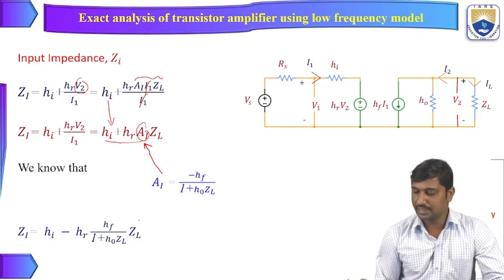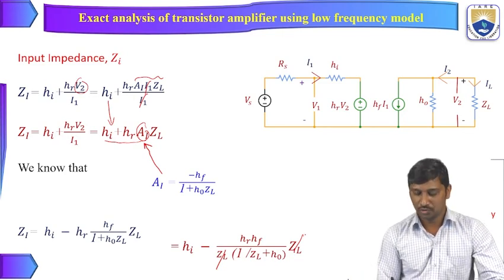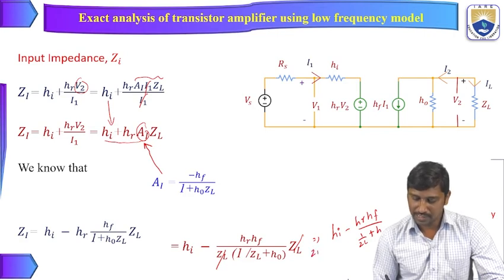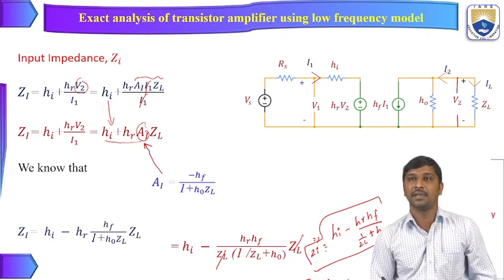Again, ZL gets cancelled. Now it becomes HI minus HR HF by (1 by ZL plus HO). So that is equal to the input impedance in terms of small signal model parameters.